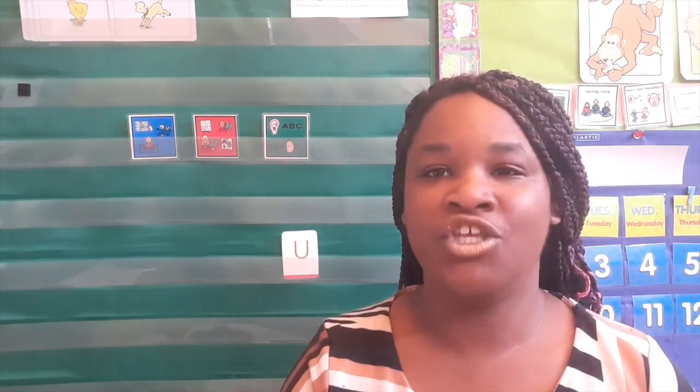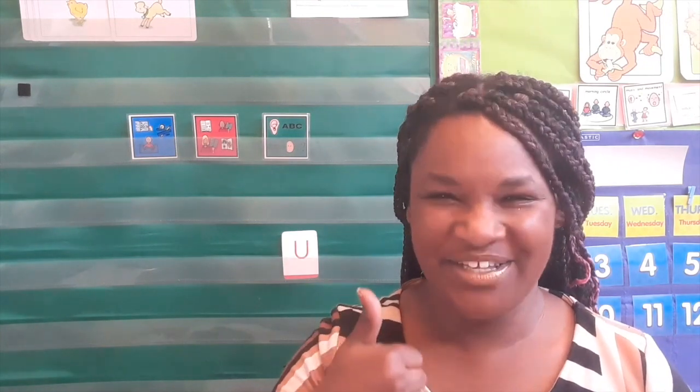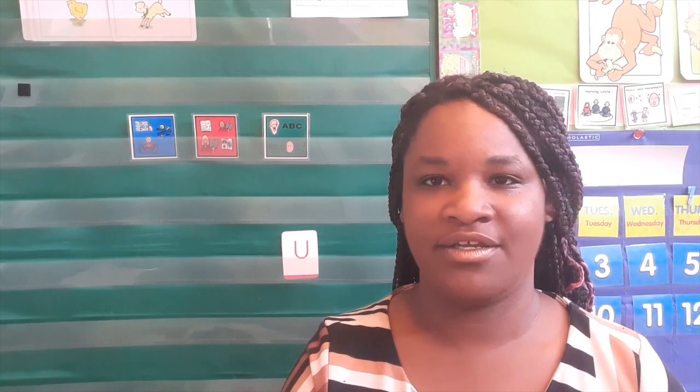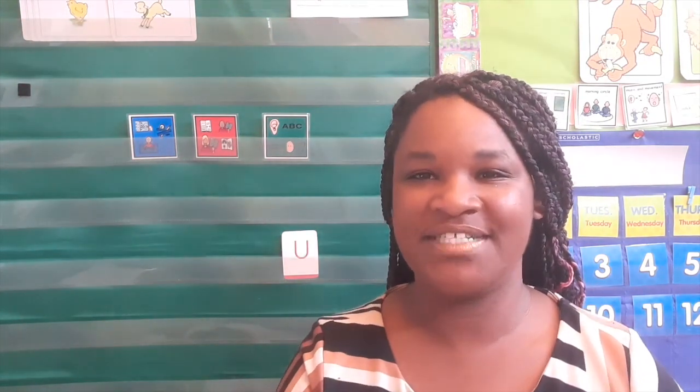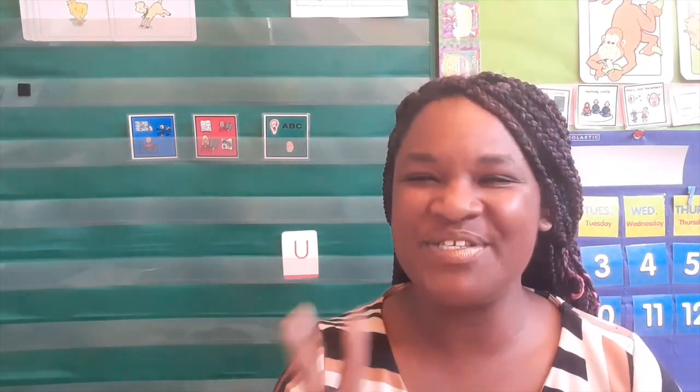First word, uniform. Uniform. Do you hear the U sound in that word? U. Good job. Next word, hey. Hey. Do you hear the U sound in the word hey? Next word, T. T. Do you hear the U sound in the word T? All right, let's do 2 more words.